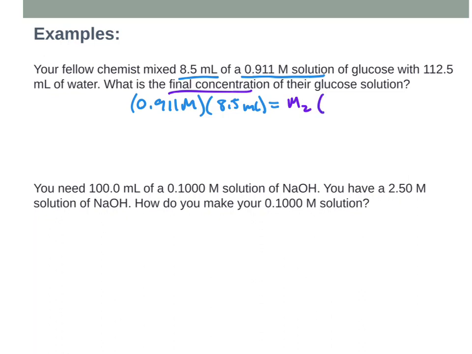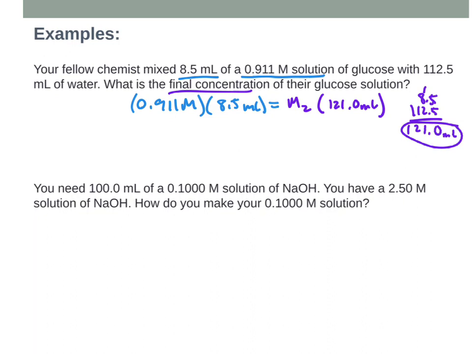And the volume, this one's only slightly tricky because you have to figure out the volume, right? You started with 8.5, and they said you added 112.5. So that would be 121.0 milliliters. 121.0 milliliters is the final volume, right? Because if you take 8.5 and mix it with 112.5 milliliters, you get 121.